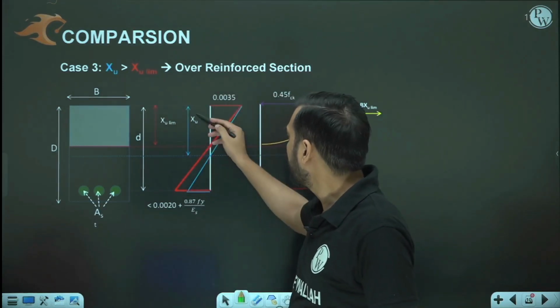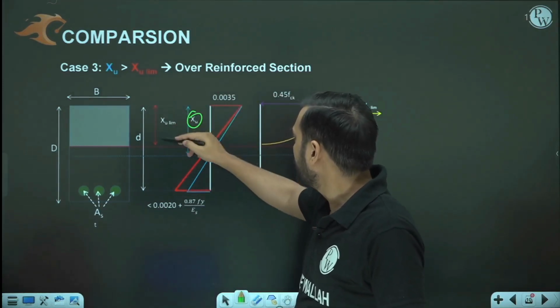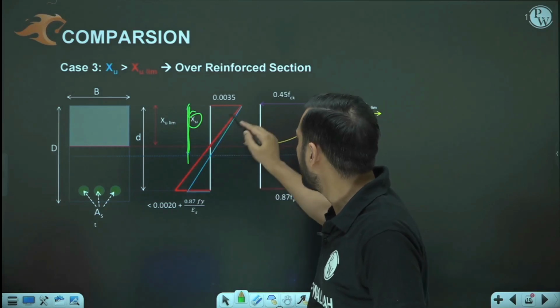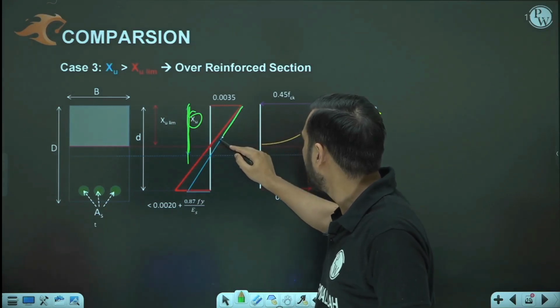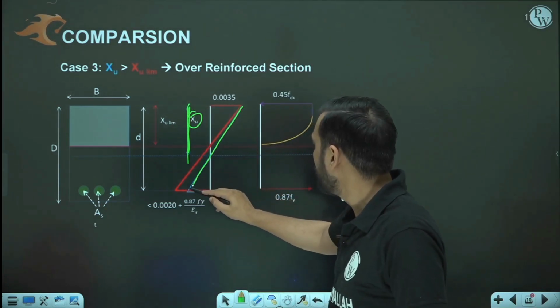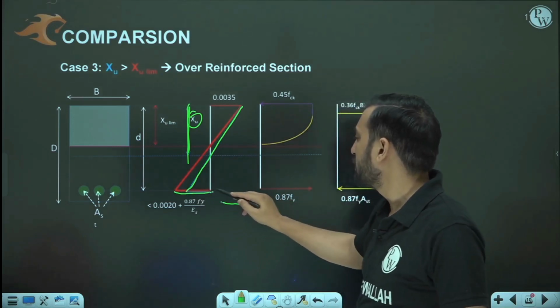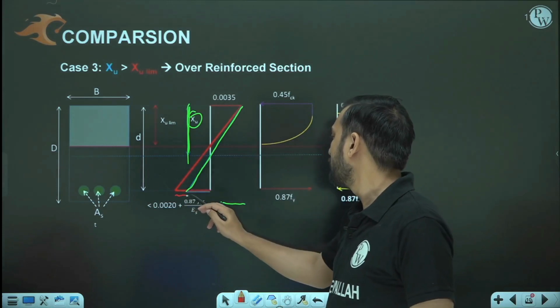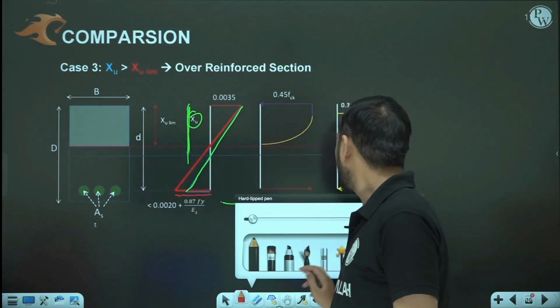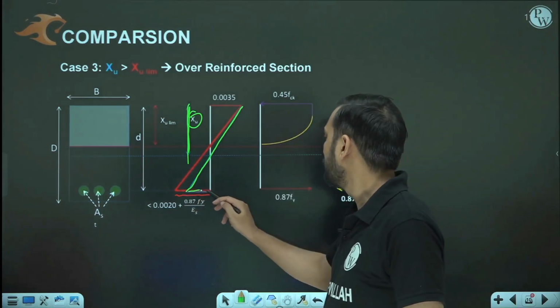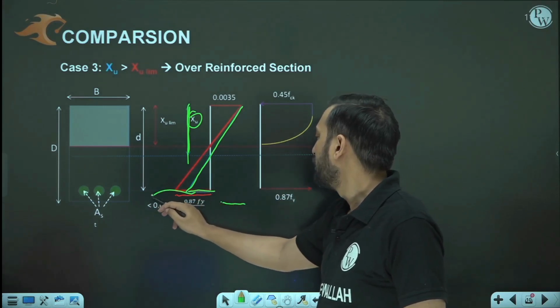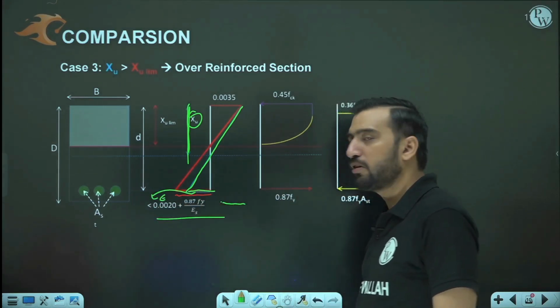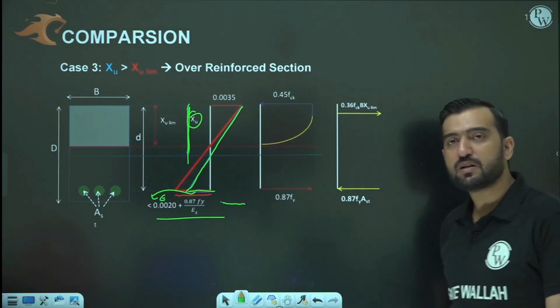But if xu, my dear friend, is greater than xu limit, then anyway this strain has to be less than this benchmark strain. Are you getting it or not? So this is the benchmark strain. But here this strain, this green strain, is less than this particular value.